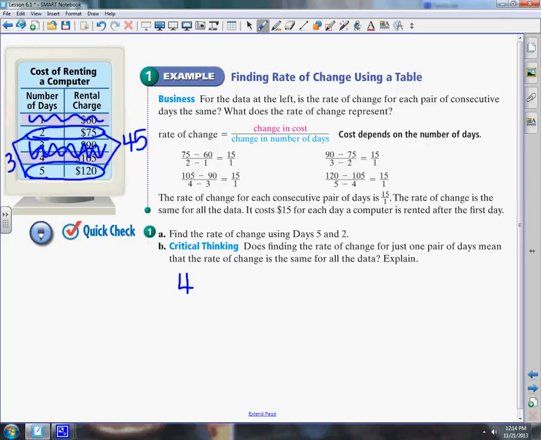So you would do 45 divided by 3, which still gives you 15 per day. Does finding the rate of change for just one pair of days mean that the rate of change is the same for all the data? Yes, if it is a linear function, they're all going to be the same. It's going to go up by the same amount each time.